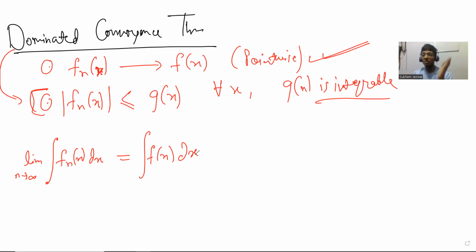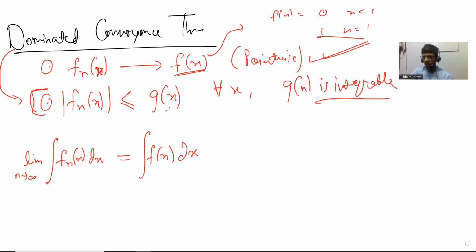And now you can apply this to the previous problem, right? Your sequence of functions was converging pointwise to f(x), and what was the f(x) in our case? f(x) was the function such that it's 0 for x less than 1, it is 1 for x equal to 1. It is not a continuous function, so it's not good in that way, but it is integrable.